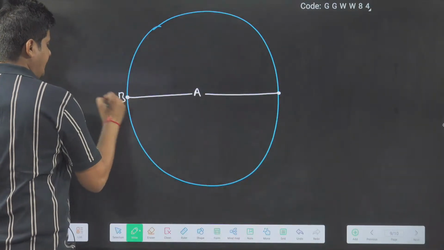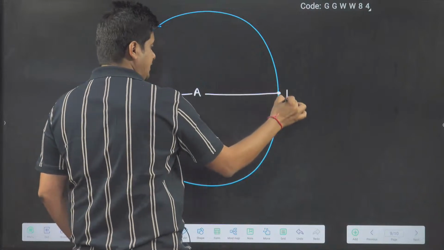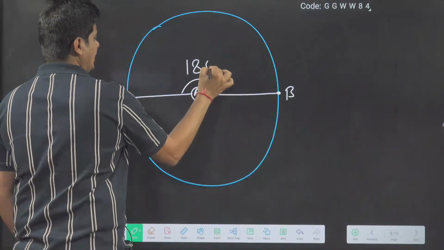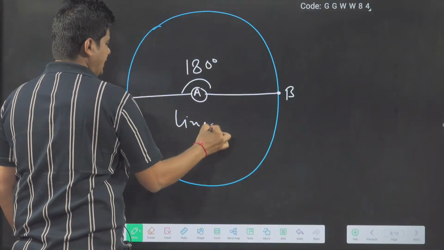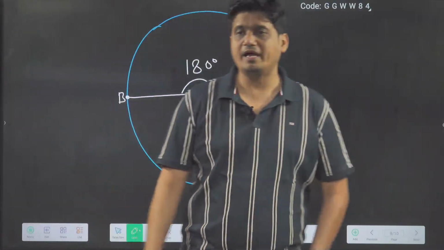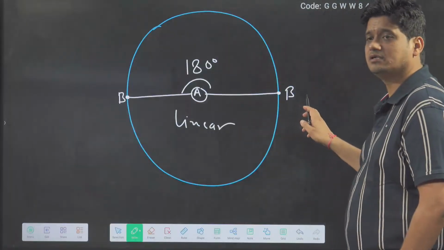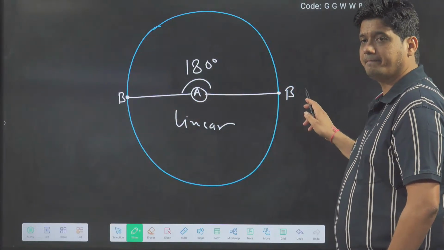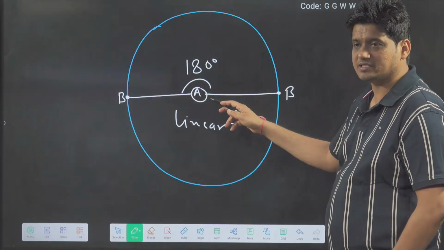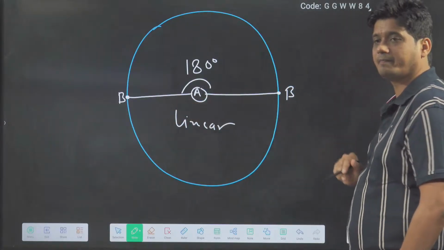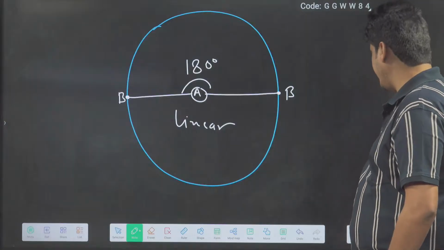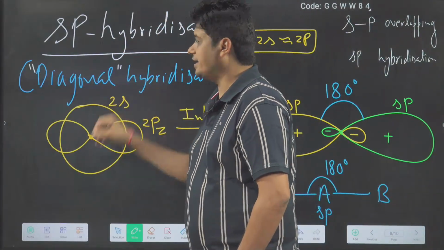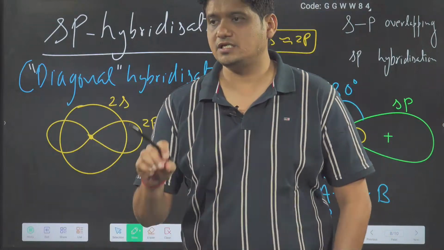I will assume this point as atom B, this point as atom B, and this is central atom A. This angle is going to be 180. So I get this linear arrangement by keeping the surrounding atoms in diagonal positions, and obviously the central atom at the center. And that is why sp hybridization is also named diagonal hybridization.